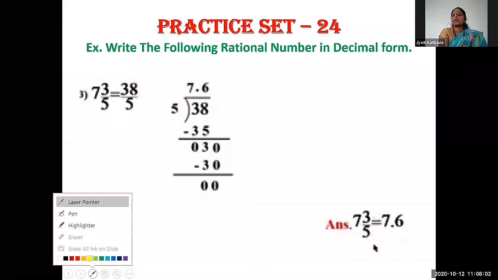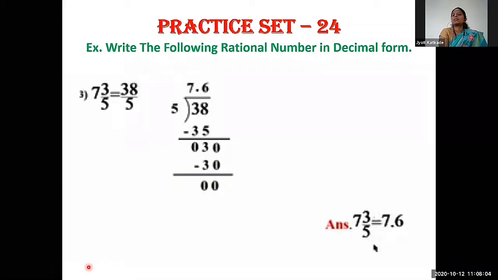38 is not in the table of 5, so find the nearest value, that is 35. Now 5 7s are 35. Minus 35 from 38, we get 3. Now we get remainder 3. 3 is not divisible by 5, that's why take a decimal point after 7.